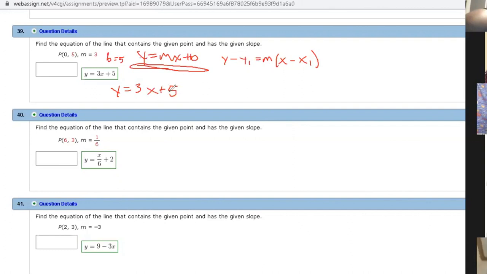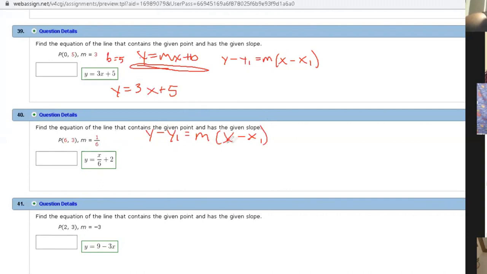Now, if we look at number 40, for 40, the point is 6, 3. So for 40, we can use the point slope formula because we have an x and a y.